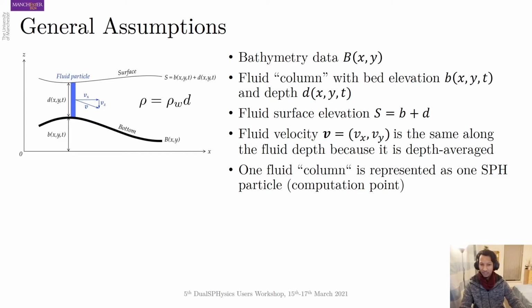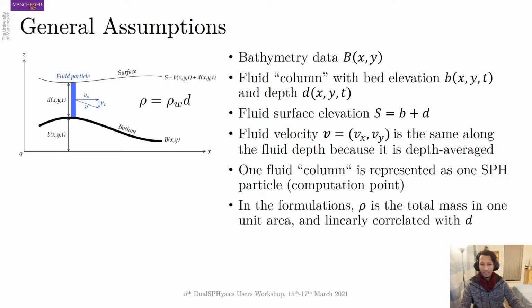In the computation, one fluid column is represented as one SPH particle or one computation point. And in the formulation, the density is the total mass in 1 unit area instead of 1 unit volume.